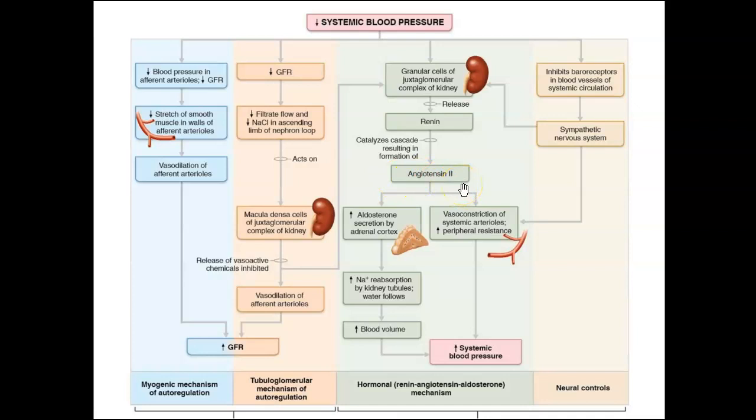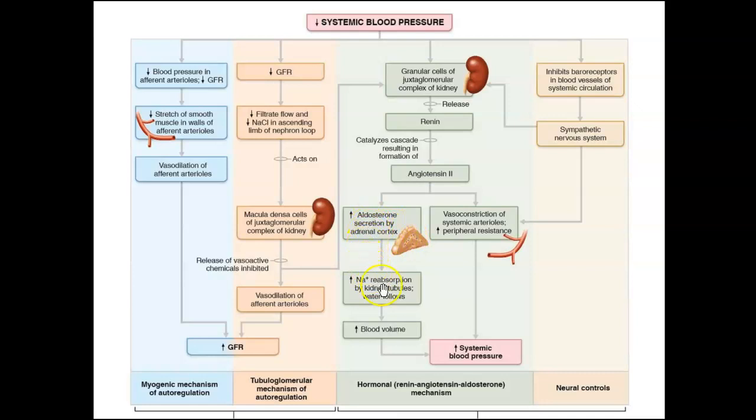So that's why it's called the renin-angiotensin-aldosterone mechanism, because low blood pressure causes those granular cells to release renin, and that leads to the activation and formation of angiotensin II, and then that leads to increased aldosterone secretion by the adrenal cortex.